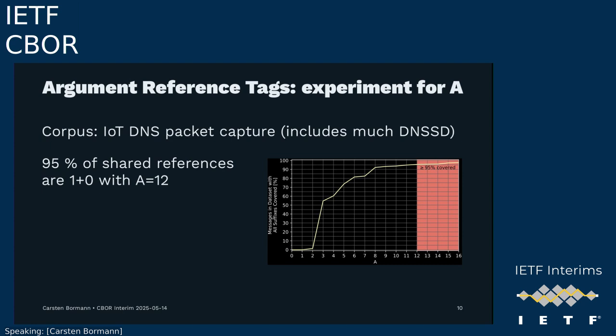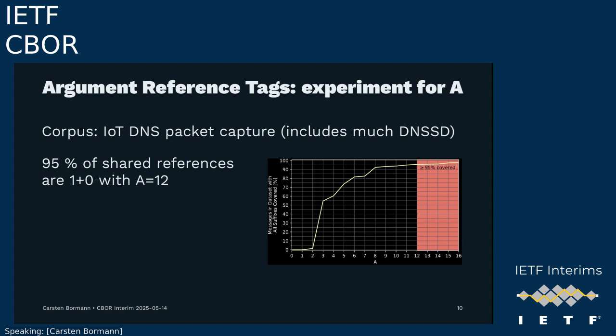When we originally designed CBOR, we thought that 16 would be a good number for A. But at the time, we actually had 28 1+0 references. When we added indefinite length encoding later, we gave up 4 of those to support it. So maybe it's okay to say we are not sticking with the original design, but going down to 12.